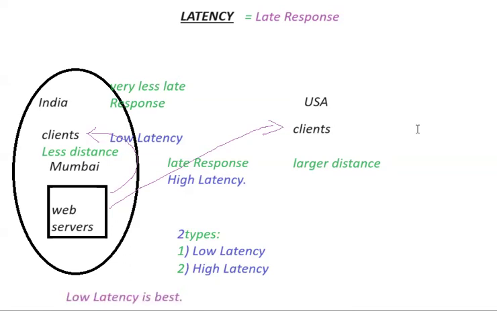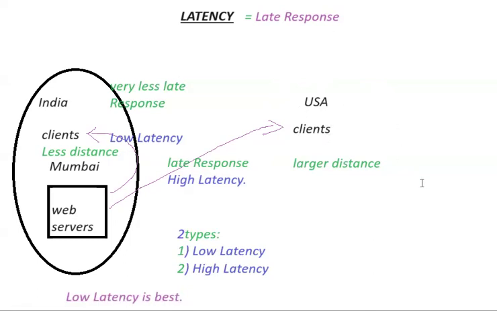Okay. So now the clients who are present in the USA are trying to access my servers. I need to provide a quick response, that is a low latency response, to my USA clients as well. So what do I need to do?